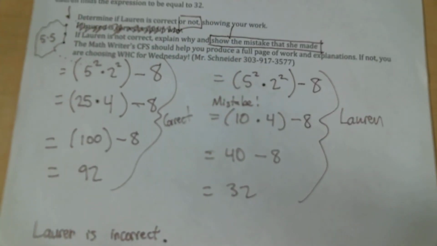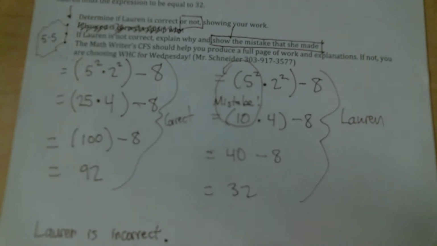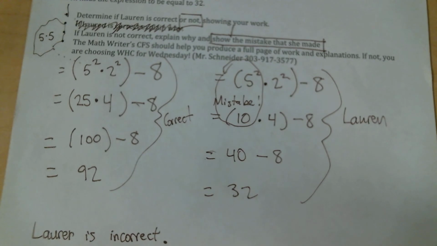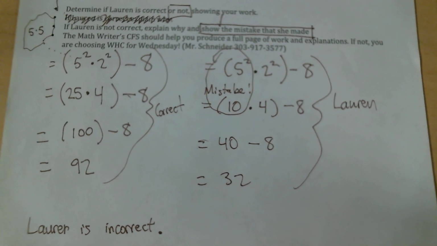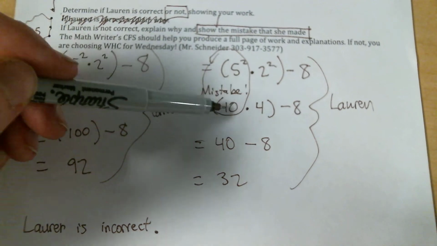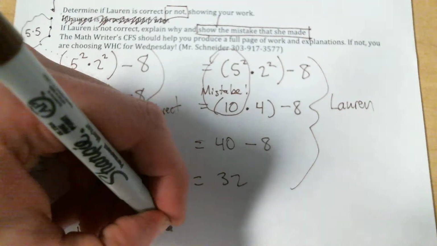Well, what was it that made her incorrect? It was this step right here. It had nothing to do with her order of operations. So I don't want to say she didn't do the most powerful operation first. That's not the mistake she made. The mistake she made was thinking of what exponents mean. So I might say something like that.